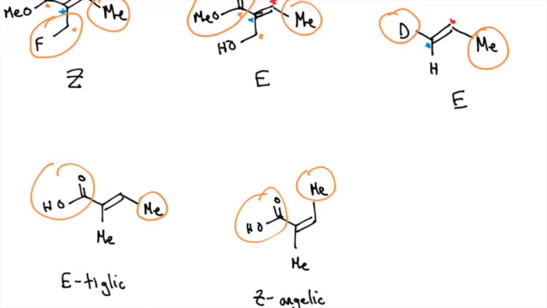All right, and of course as you have these groups on opposite sides of that double bond, these are known as stereoisomers. They have the same constitution, but a different orientation in space. Now these stereoisomers that arise from a difference in E and Z for alkenes are a specific type of stereoisomer known as a geometric isomer.